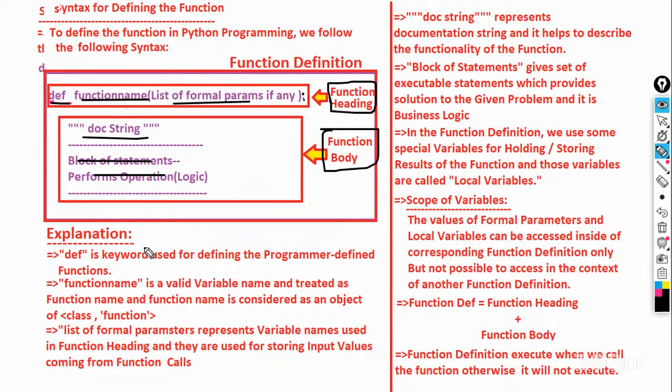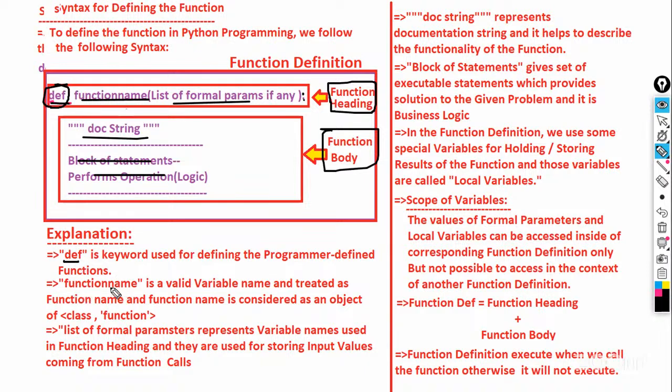Coming to the explanation. We use a keyword called def for defining the programmer defined functions, the user defined functions. So in order to define any user defined function, we use the keyword def.